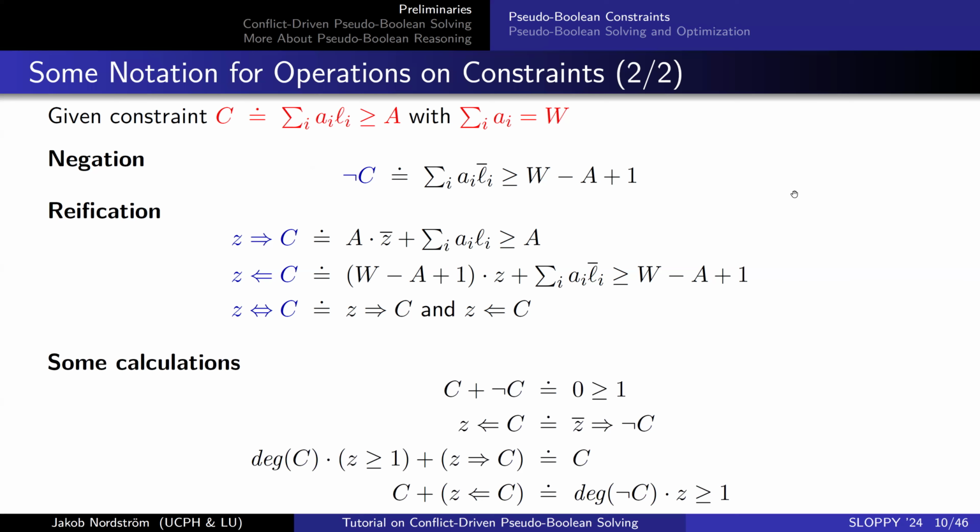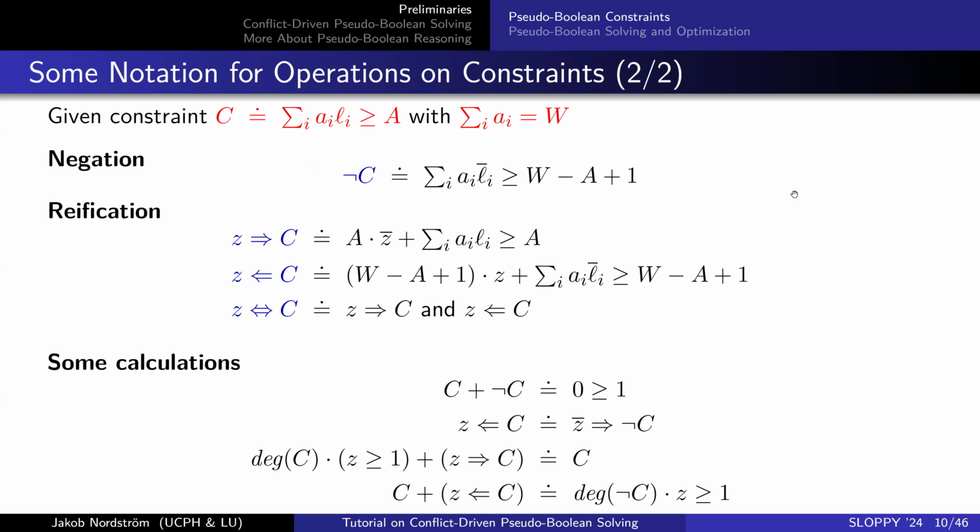From these definitions, it's clear that C implying Z is the same as not Z implying not C. And then you can say, what if I have the reification Z implies C, and I know that Z is true? So this is like a unit constraint, Z greater or equal 1.